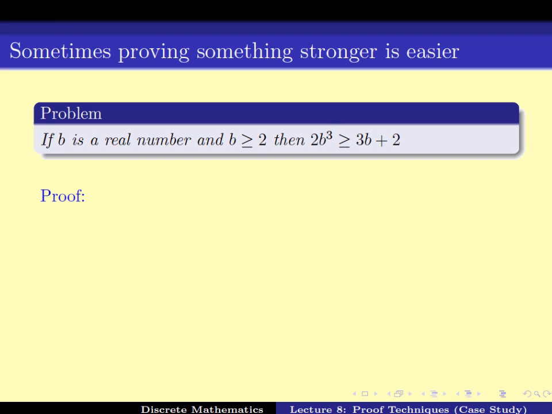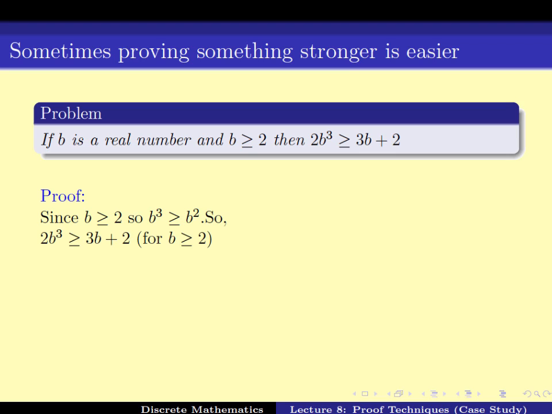First of all, we know that b is greater than or equal to 2. That means b cube is greater than or equal to b square. This only follows from the fact that b is greater than or equal to 1, actually.